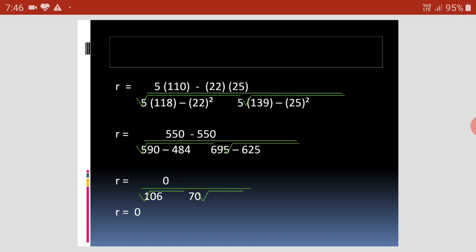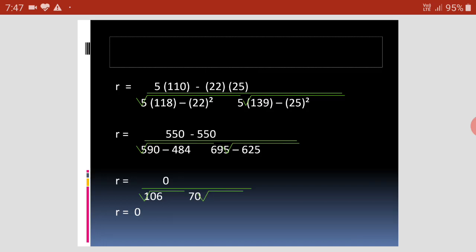Now the next step is subtraction. There are 3 subtractions, in the numerator and denominator: 550 minus 550 is 0, 590 minus 484 is 106, 695 minus 625 is 70. Now 0 upon any value, it doesn't matter, the answer will be 0. So we do not need the 106 and 70 under root, because 0 upon any value gives a final answer of 0. So r is equal to 0.